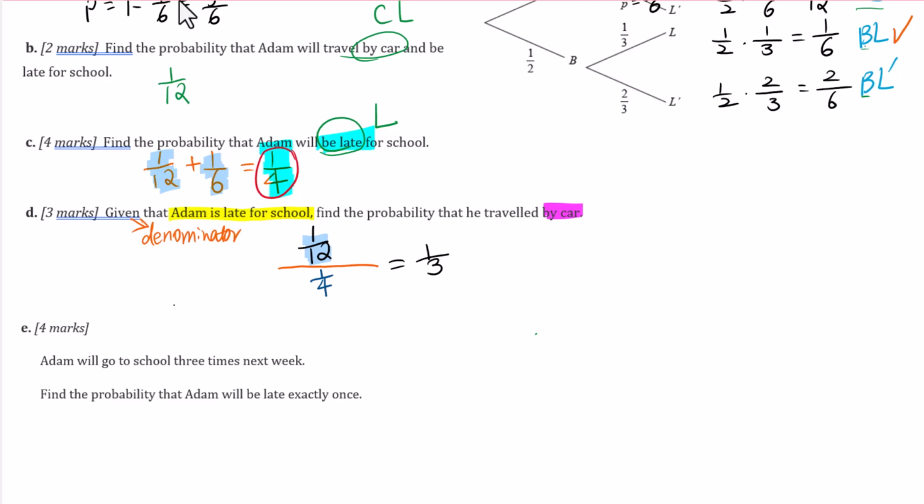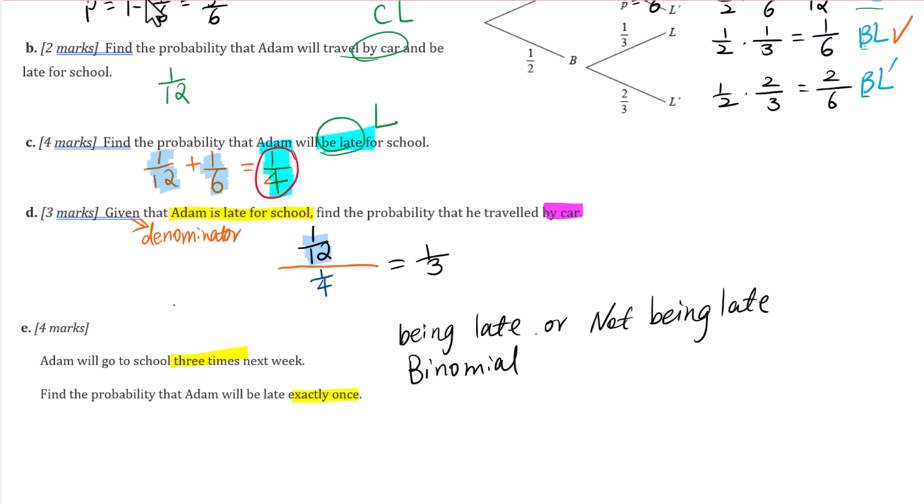Let's go to E. Adam will go to school 3 times next week. Find the probability that Adam will be late exactly once. Since this event has only 2 outcomes, being late or not being late, 3 times, exactly once. This is discrete data, so this is a binomial distribution. N equals 3.